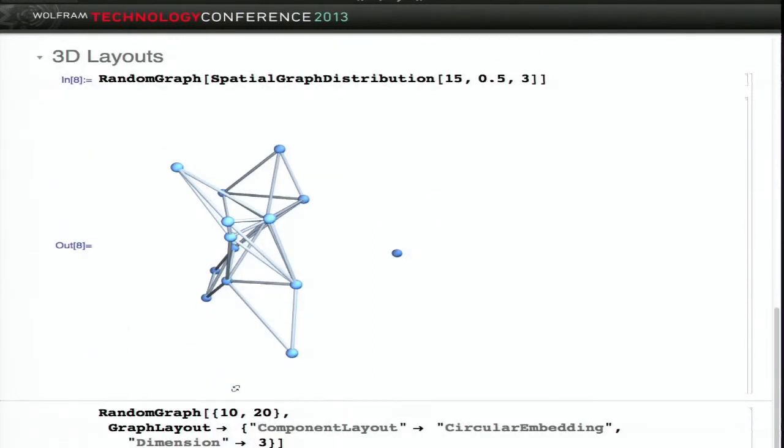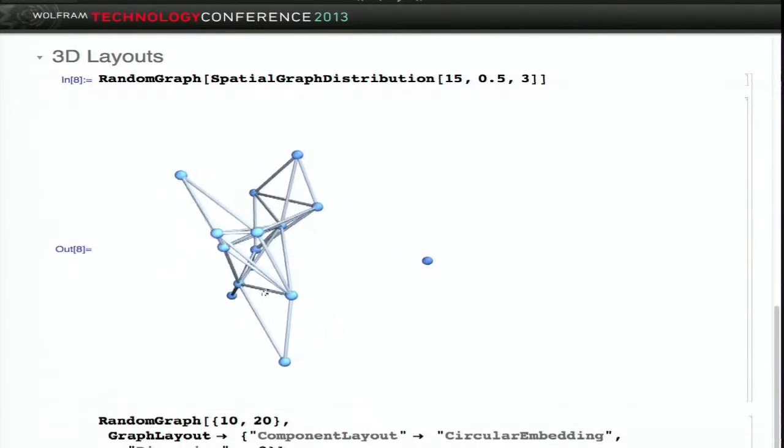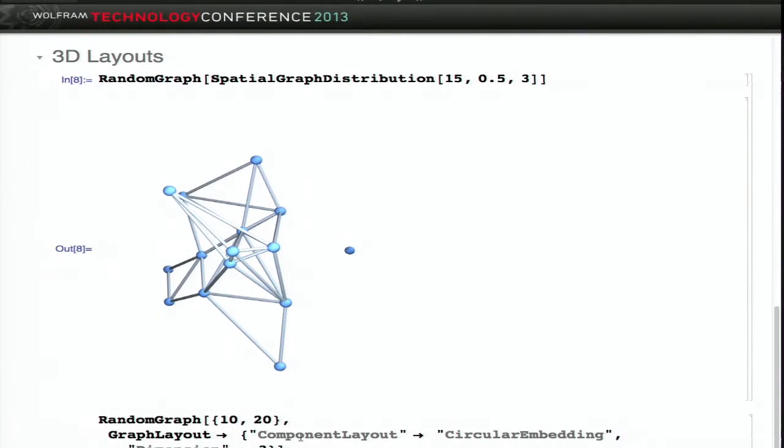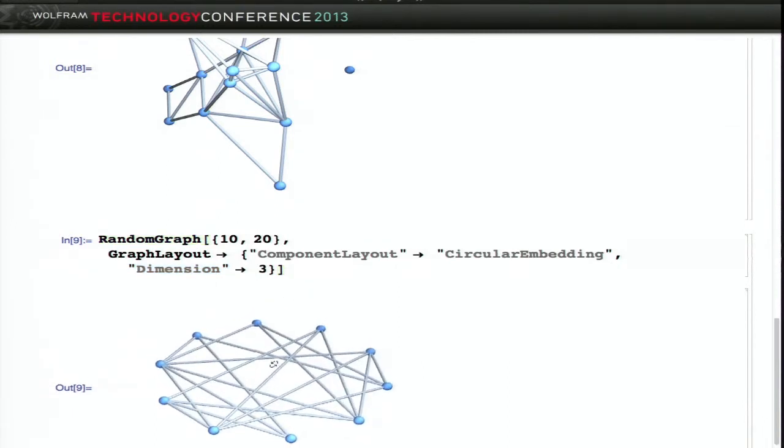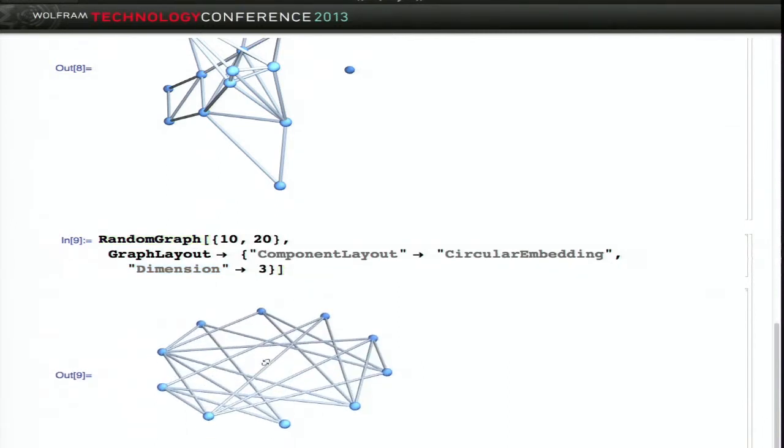For functions like random graph, when you generate a spatial graph distribution in three dimensions, you directly get a 3D object where the points are distributed depending on your distribution. Here is a uniform distribution over a square box. Or you can generate a random graph and specify the dimension, and then you get a flat 3D object. Not too interesting, but it's there.